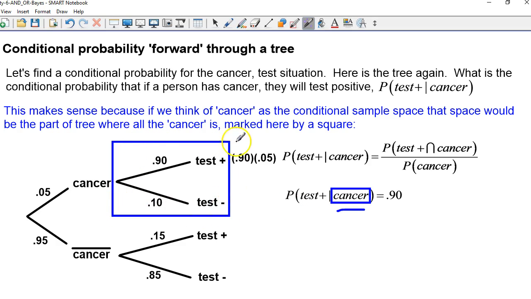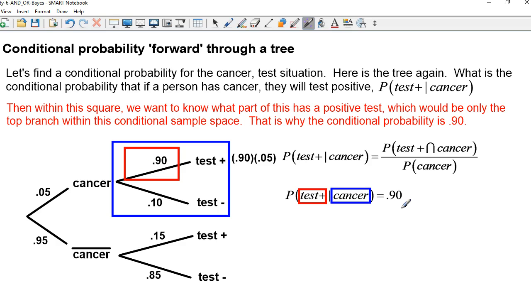Well, that's this rectangle that I have marked out here. Only this part of the tree relates to having cancer. Everything else in the tree is something that's not specifically related to cancer. So if cancer has occurred, you're in this part of the tree. And then I'm just asking, what's the probability of testing positive in that space? Well, that's just this one branch right here, and that's why that probability is 90%. So it's a portion of the tree and then a probability within that portion.